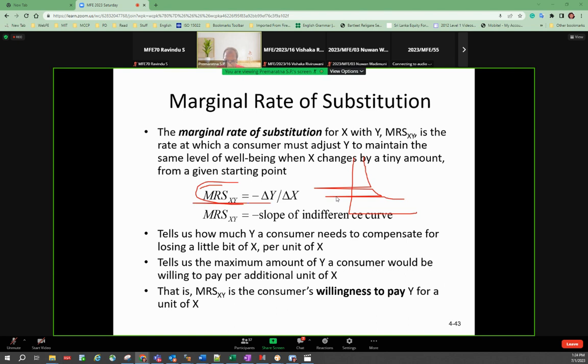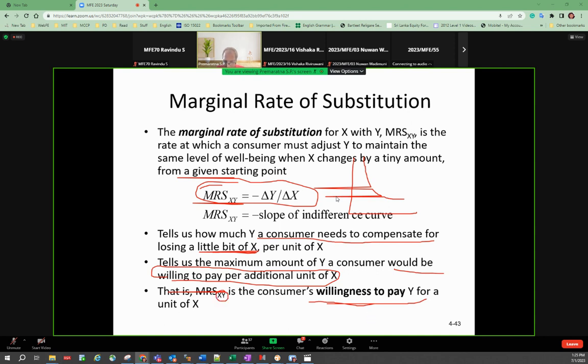So the MRS tells us how much my consumer needs to be compensated for losing a little bit of X. It's about the maximum amount the consumer would be willing to pay for additional X. We need to sacrifice, so we can call it willingness to pay Y for X. If you explain it like that, XY.